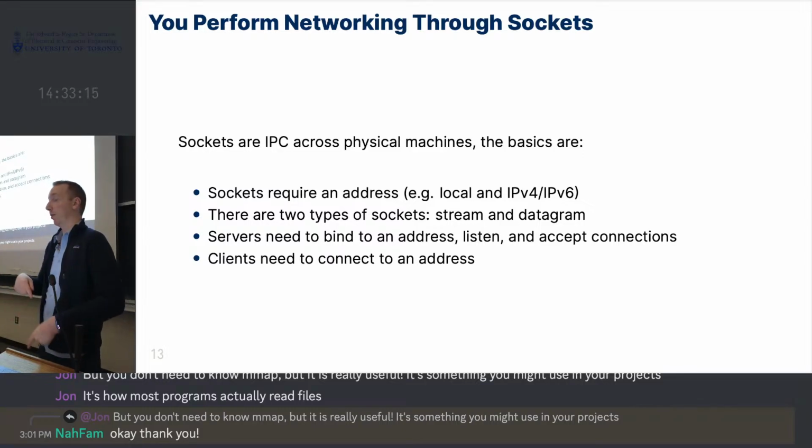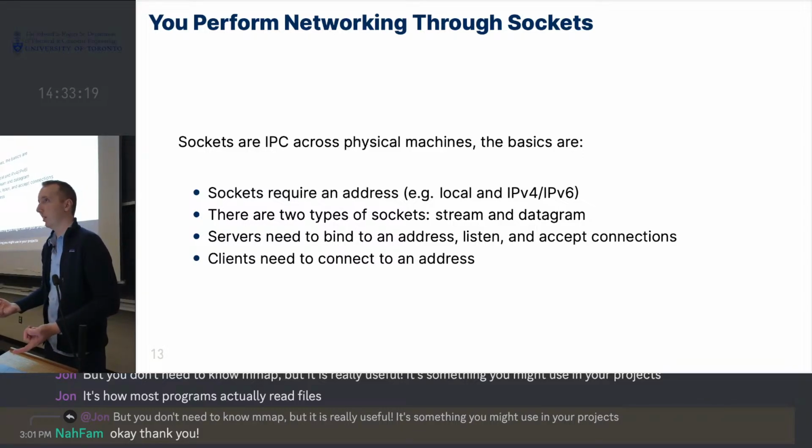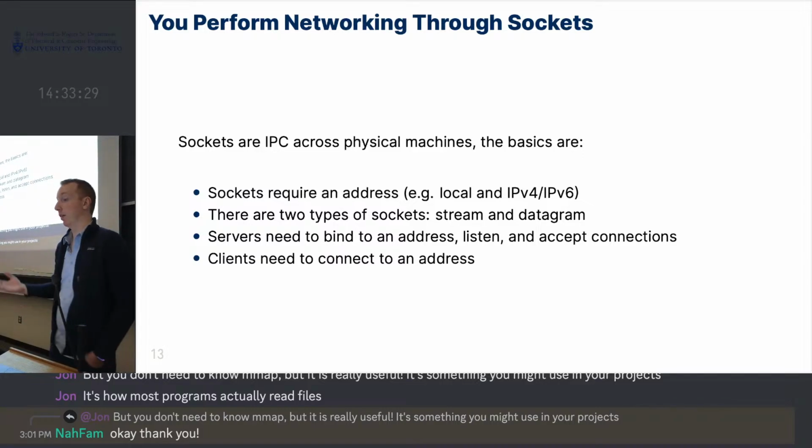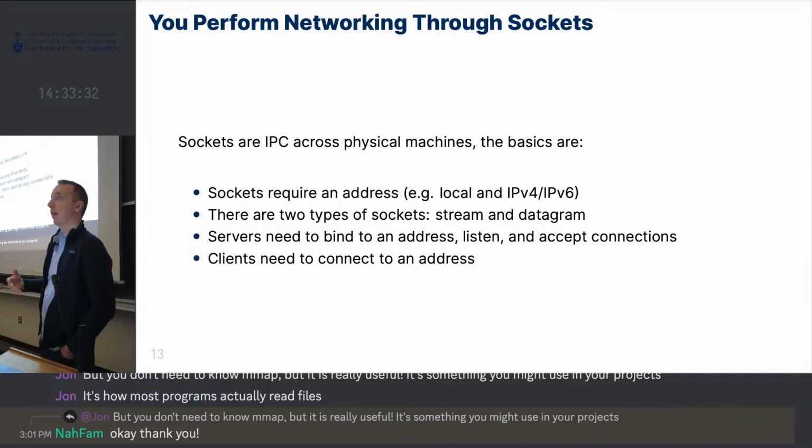Basics are sockets require an address, like the local one I used, which is easier and local to your system, and then IPv6, IPv4, two types of sockets, stream and datagram. Sockets need to bind to an address, listen, accept connections, with a whole bunch of steps for that, and then clients just need to connect to the address, and then you get a file descriptor with your two-way communication there.